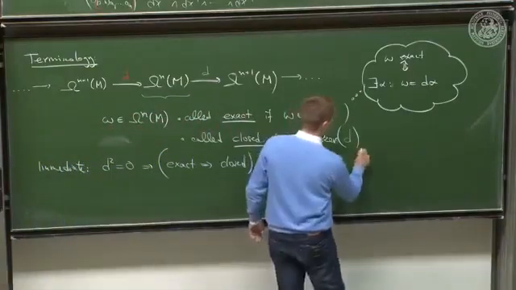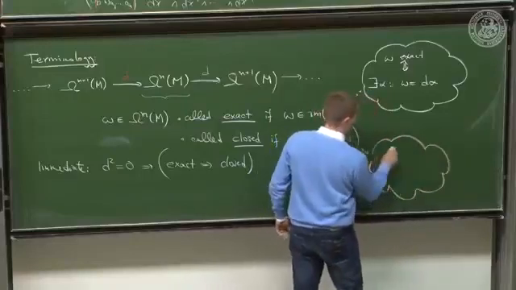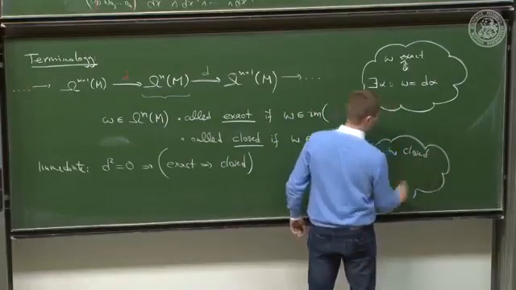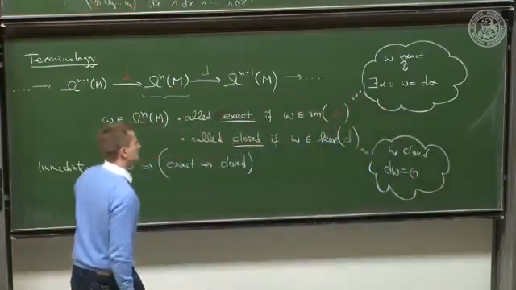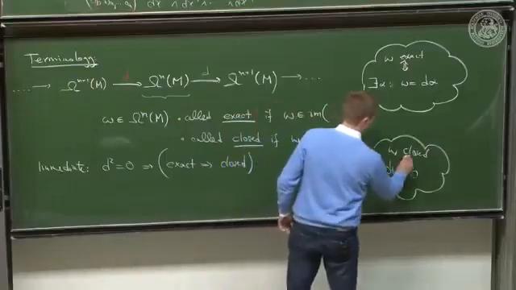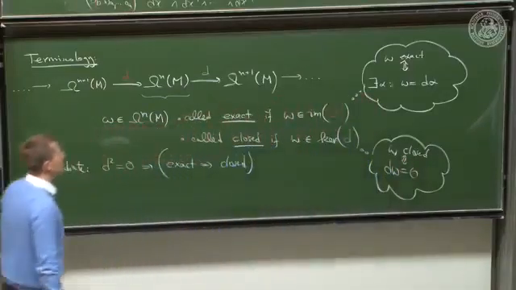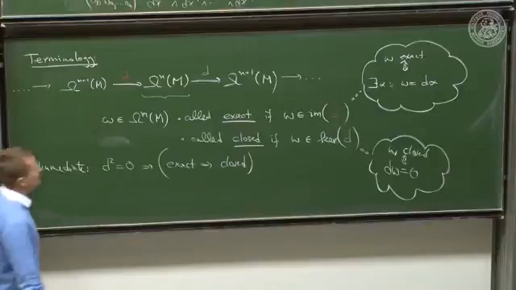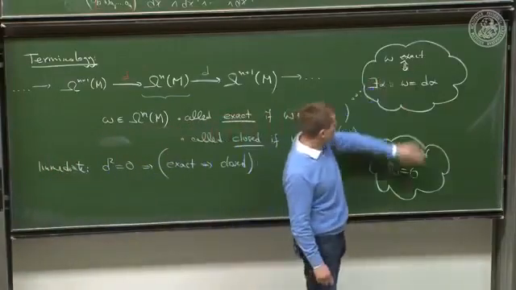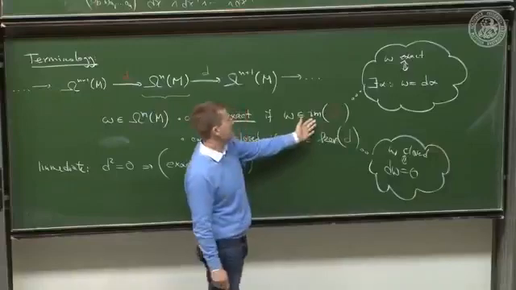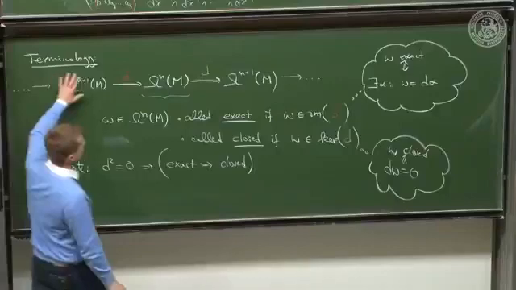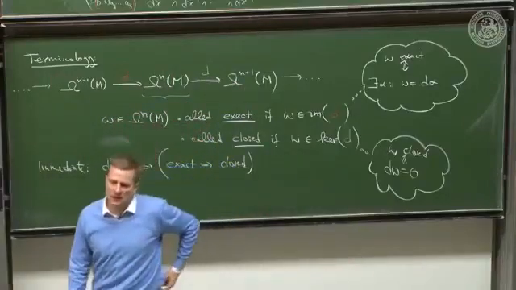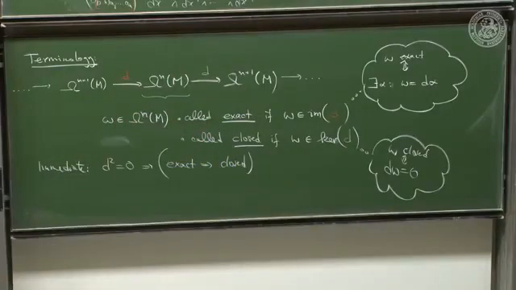And closed, omega closed, is that d of omega is 0. So this is just a reformulation, and you need to be able to switch between this formulation of exact, which is of course precisely this definition, but here it's useful to think in terms of images and kernels if you think about the sequence. Okay, and now we go back to this electrodynamics problem.